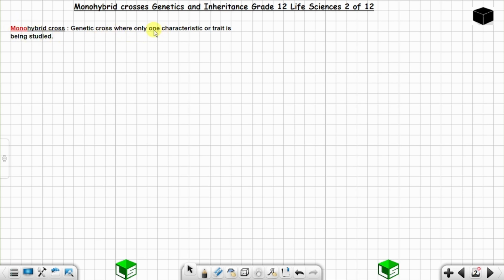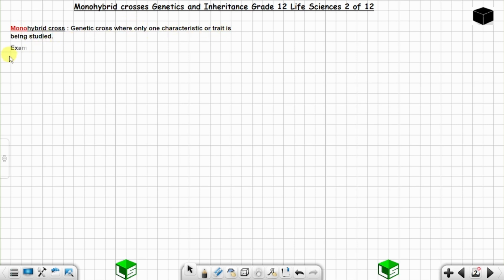We are going to see dihybrid cross, in which two different characteristics are being studied, in part 8 of 12. For now, we are looking at monohybrid cross, where only one characteristic or trait is being studied.